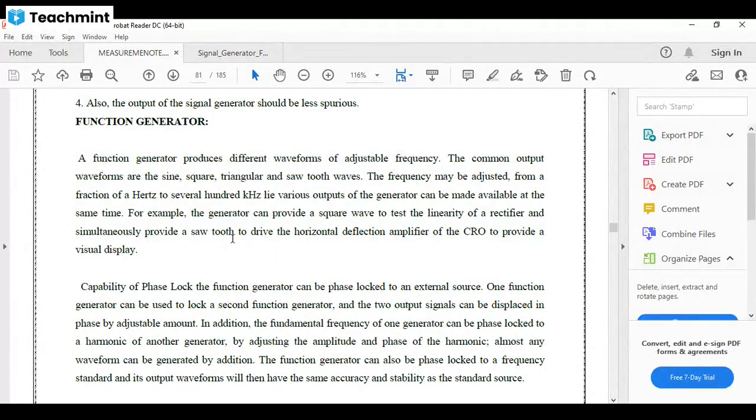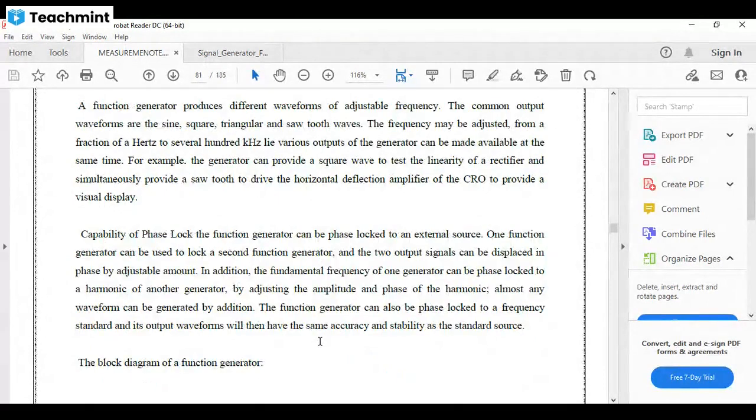It means the generator can provide a square wave to test the linearity of the rectifier, and it can also simultaneously provide a sawtooth to drive the horizontal deflection amplifier of the CRO to produce a visual display.